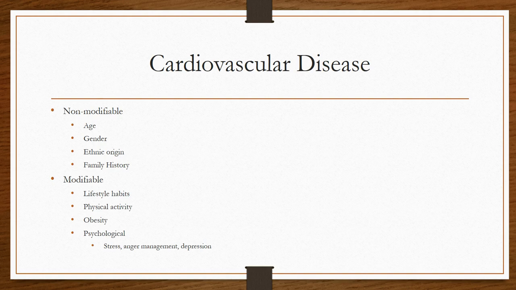And the psychological factor in all of this is that between stress, anger management, and depression, when you can't control those things, it causes a lot of stress on the heart. Stress, between the vasodilation and the vasoconstriction, causes more problems on the arteries, and this also affects the heart itself.